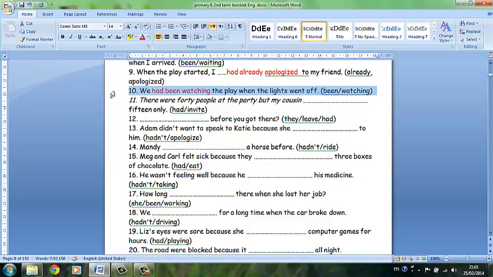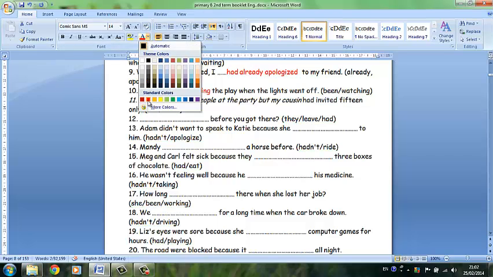Okay, so there were 40 people at the party, but my cousin had invited 15 only. So I'm going to write had invited. Very good. My cousin had invited.